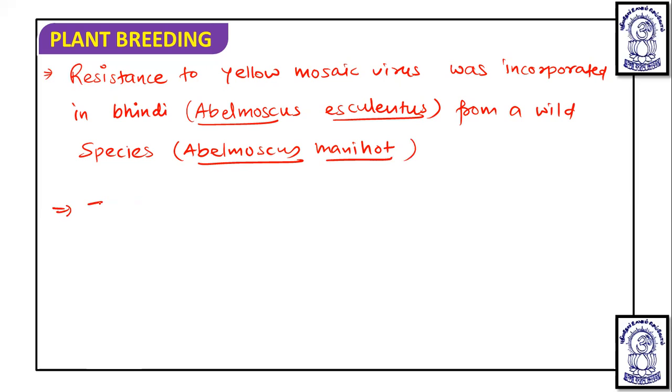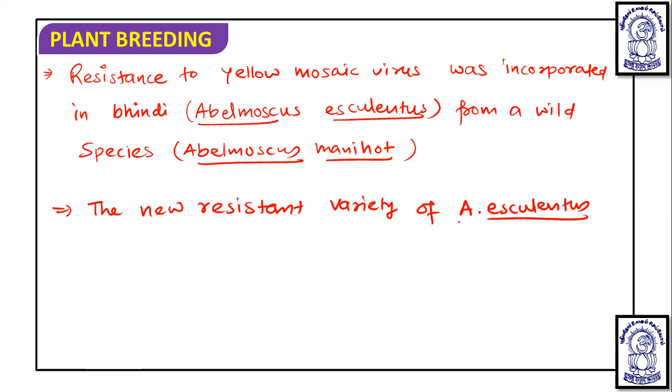And it is known that the new resistant variety of Abelmoschus esculentus is called Parbhani Kranti. Okay, so this particular new variety of Abelmoschus esculentus was developed. But this is all a method of conventional breeding.